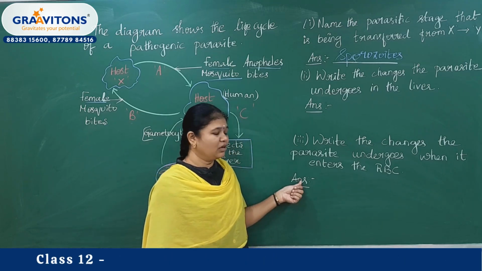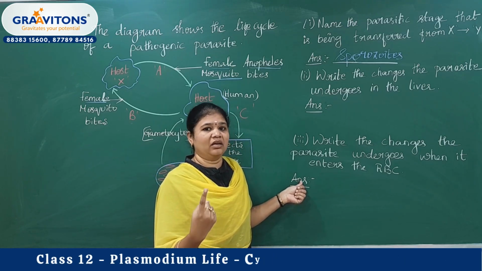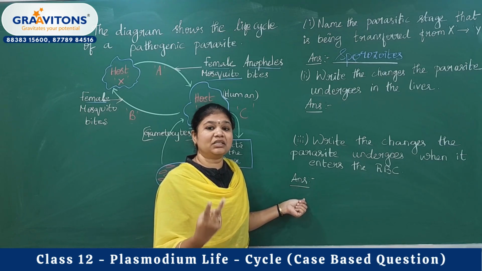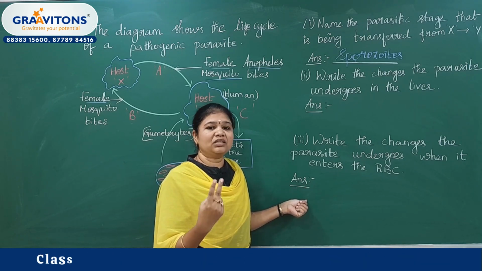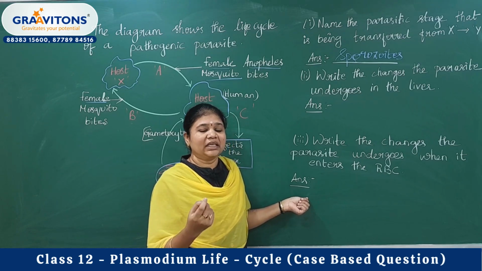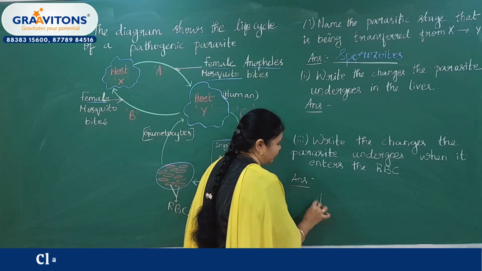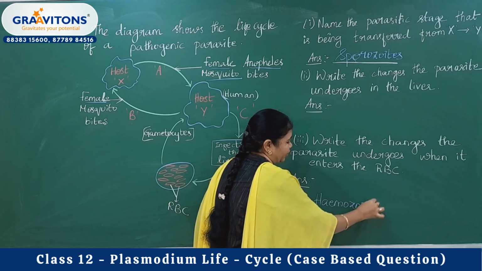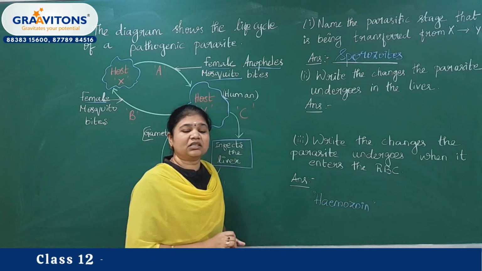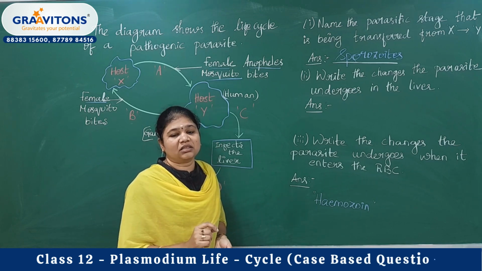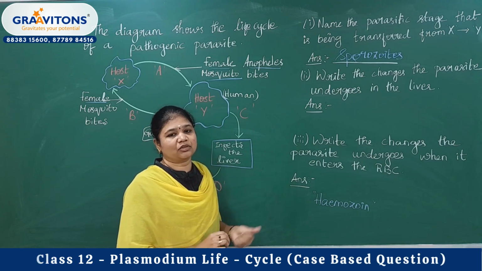So here also the answer is asexual reproduction of pathogen happens and bursting out of RBCs. Once the RBCs are burst out, it releases a toxin called hemozoin. This toxin release causes the appearance of the symptoms of the disease.